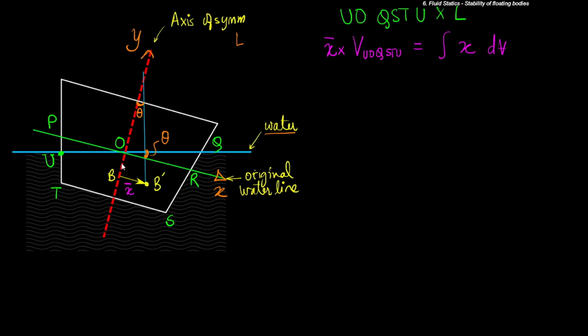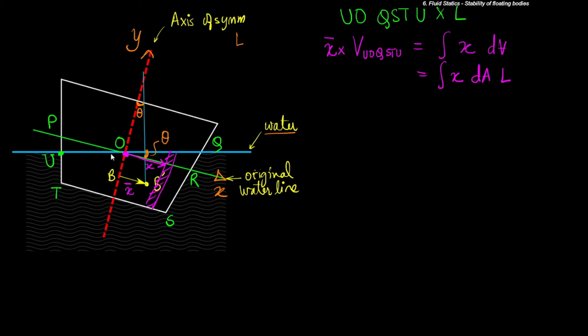About point O, the integration of X times dV is this particular X multiplied by this particular area, into the length. So this volume is essentially integral X dA times L.